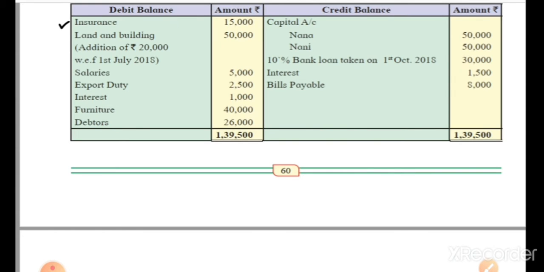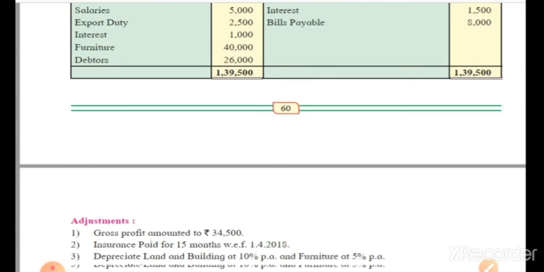So here there is an adjustment regarding the insurance, that 15 months of insurance is paid with effect from 1st April 2018. It means there is a prepaid insurance. In the full year there are 12 months, so 12, 13, 14 and 15, it means 3 months insurance is prepaid. So we have to show the effect of this.